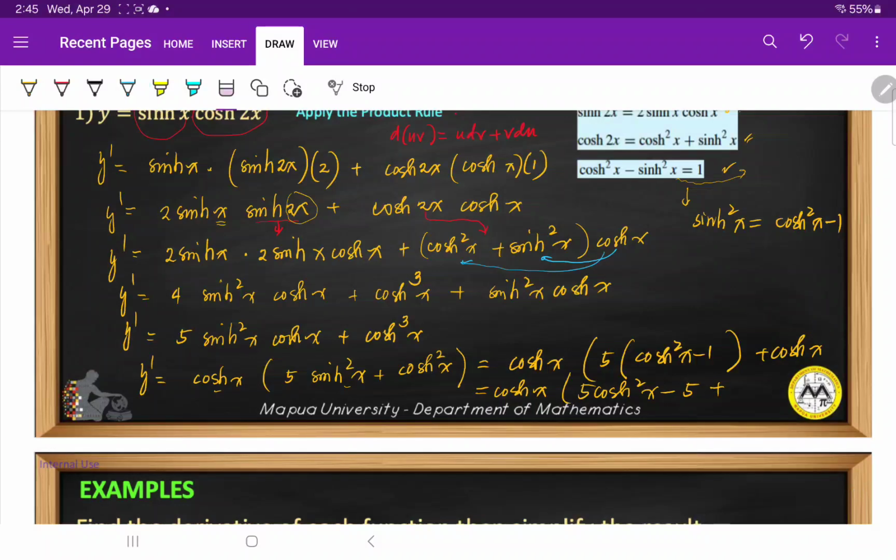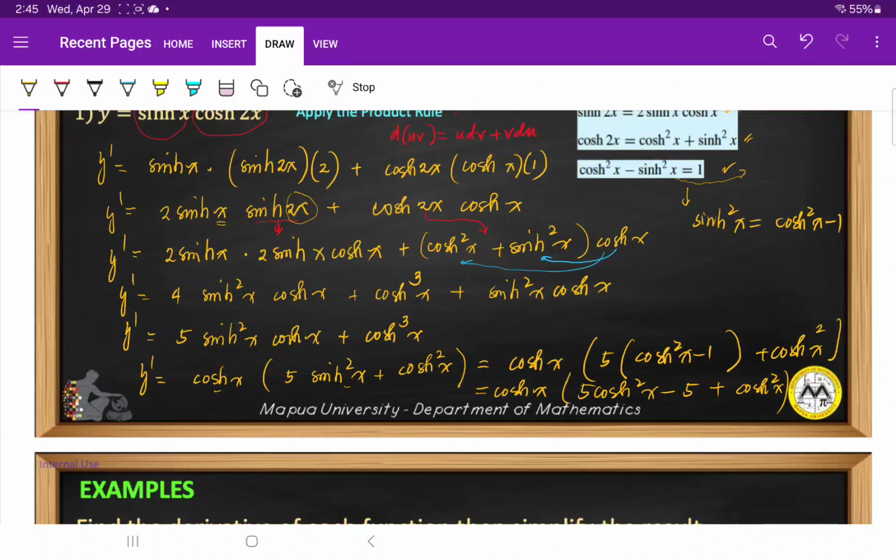This should be square. So from here, 5 hyperbolic cosine plus cosine square, right? So we'll have 5 hyperbolic cosine minus 5 plus hyperbolic cosine square x.